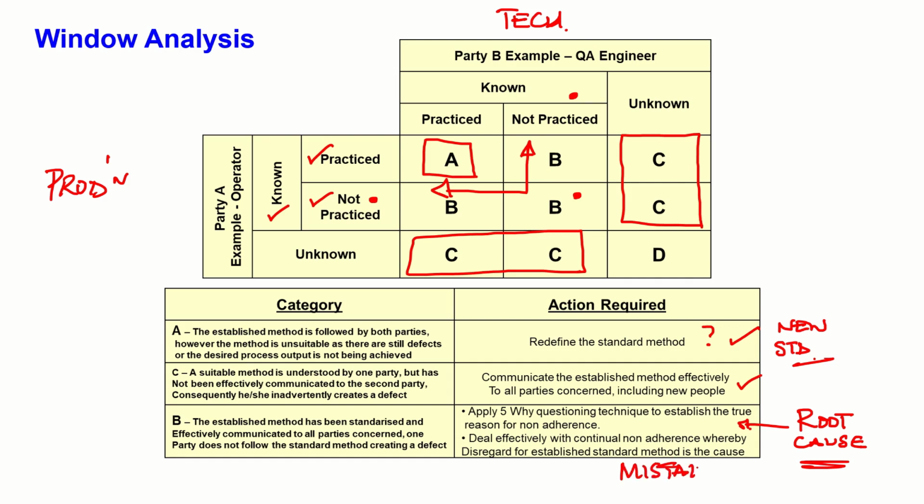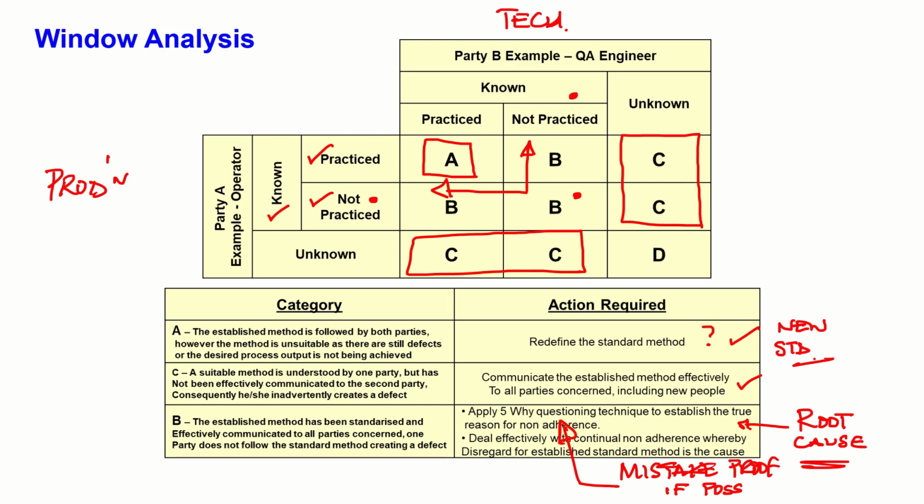Yeah, so, you know, when I was at Sony, we used this window analysis quite a lot. Putting the remote control in the box. We would always forget to put a remote control in the box with the TV. You know, it's a standard that the last thing that the packing operator does is to put a remote control in the box and then seal the box. We would forget, we would leave the commander out, the remote control out quite often.